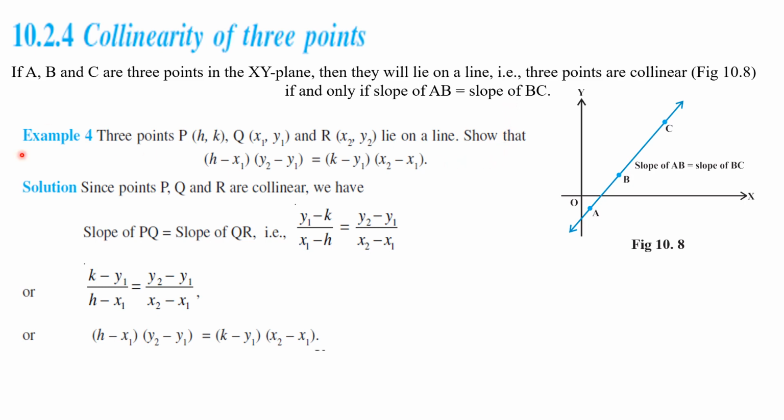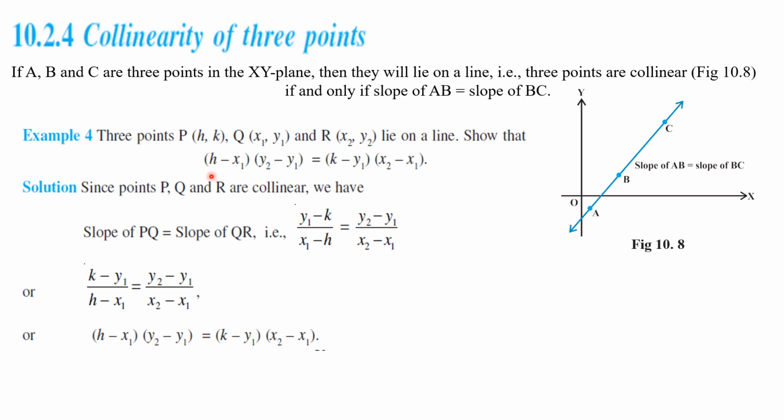Okay, my children. So to understand this concept well, let us take an example. 3 points P (h, k), Q (x1, y1), and R (x2, y2) lie on a line. Then show that (h minus x1) into (y2 minus y1) is equal to (k minus y1) into (x2 minus x1).